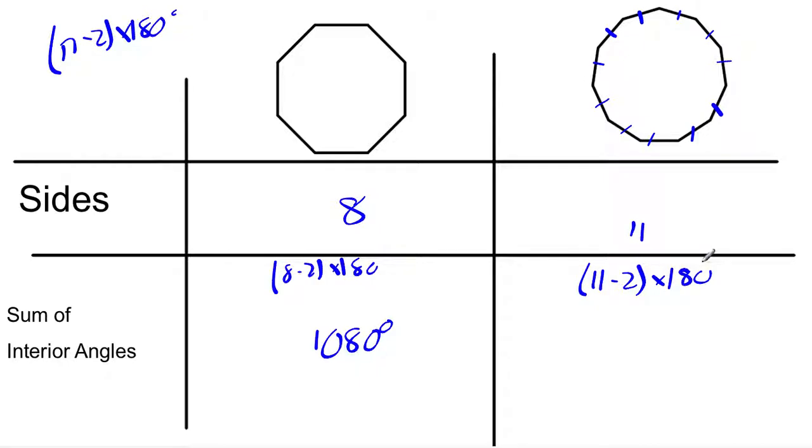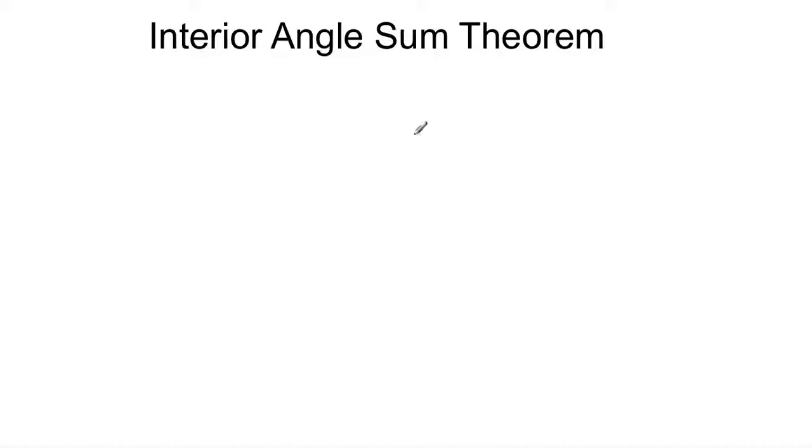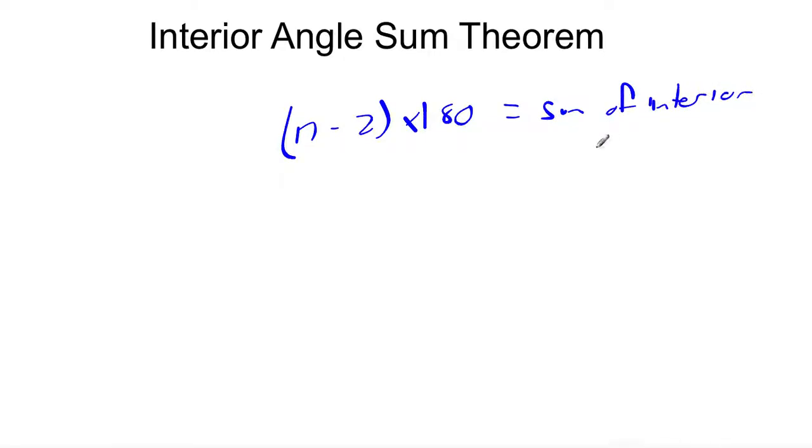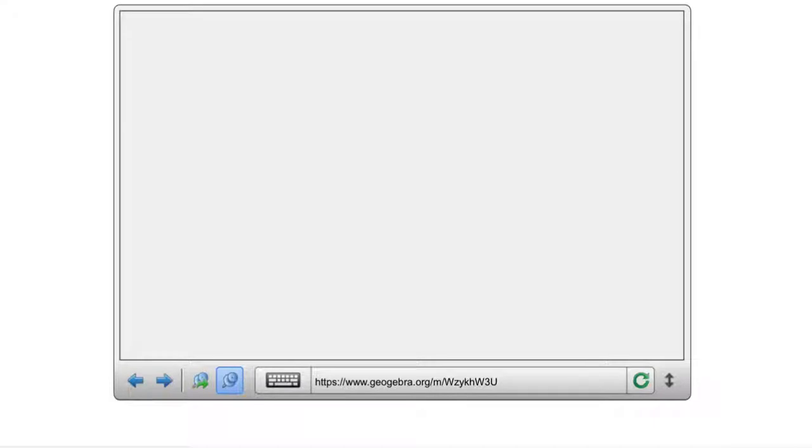Well, that's 9 times 180, which is 1620. All right. Simple enough. So that's called the interior angle sum theorem. That if I have n minus 2 times 180, that is equal to the sum of interior angles for a polygon. And it would work for a triangle, right? 3 minus 2 times 180 is just 180.